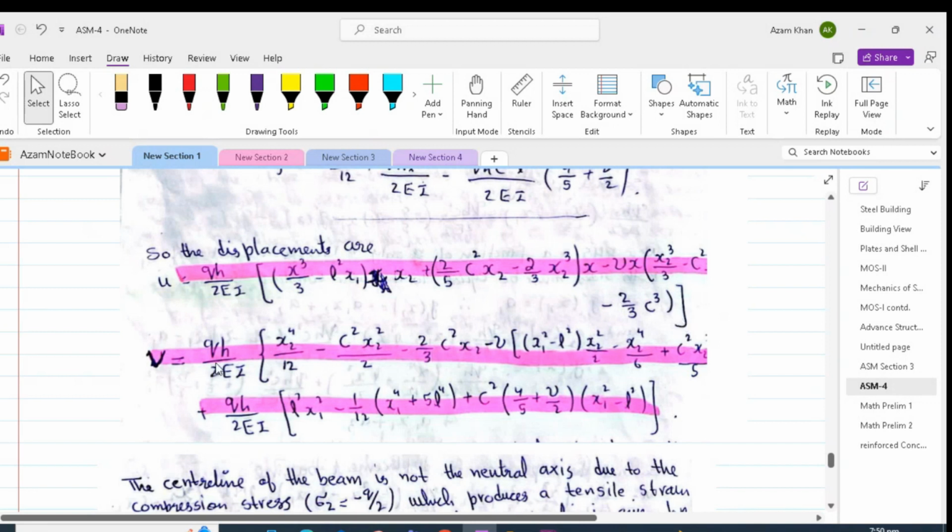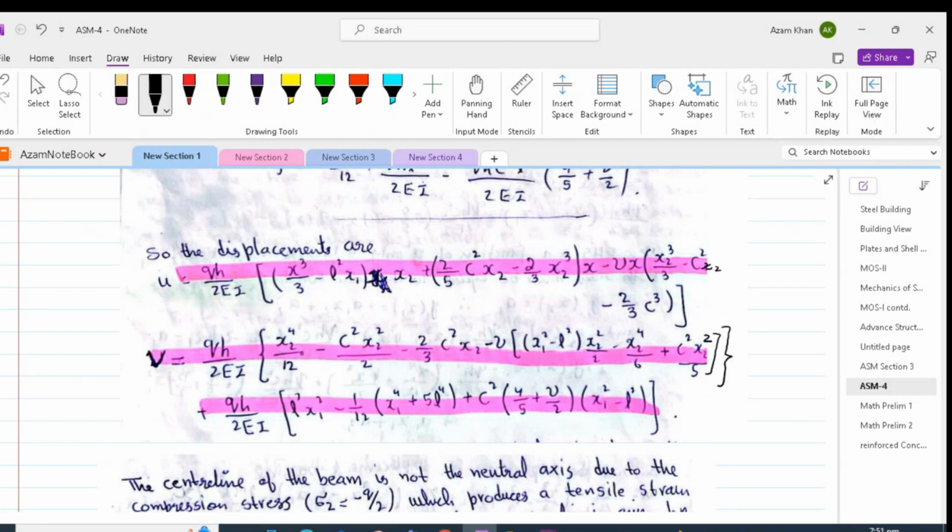Similarly, v would be equal to qh by 2EI, big bracket x2 to the 4 by 12 minus c squared x2 squared by 2 minus 2 by 3 c squared x2 minus nu, big bracket x1 squared minus L squared in small bracket times x2 squared by 2 minus x2 to the 4 by 6 plus c squared x2 squared by 5. So we have all these terms getting multiplied with qh by 2EI.